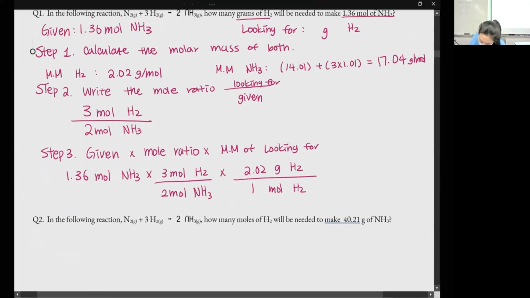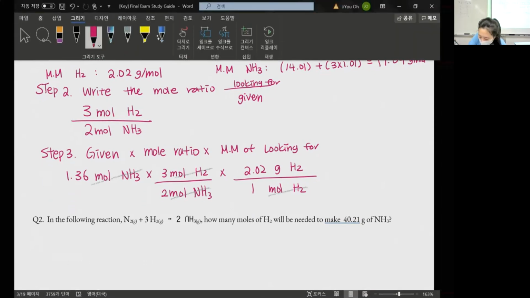That will cancel out the moles of NH3 and moles of H2 on top and bottom, so the last unit you will see will be grams of H2.